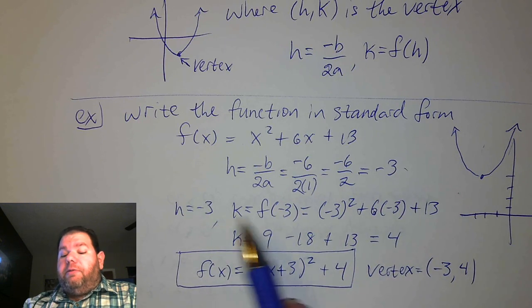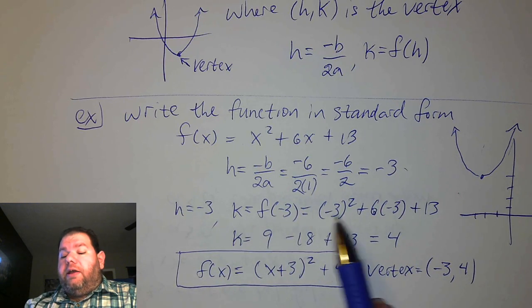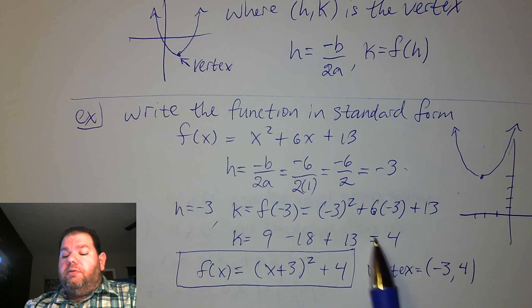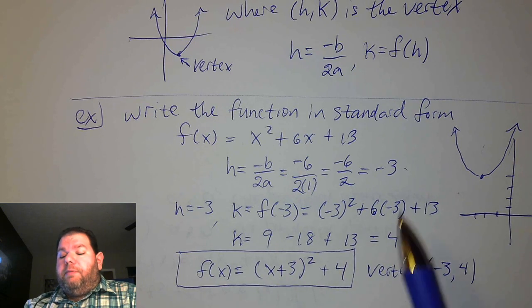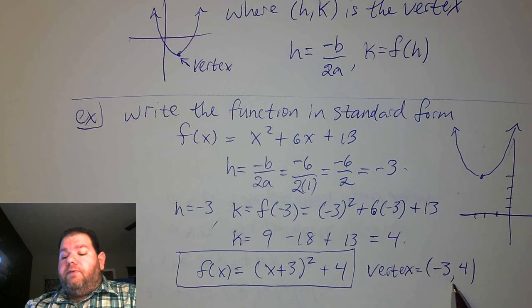We take our negative 3, plug it back in, we evaluate that into the function, and we get 4. So that means our vertex is negative 3 comma 4, and the way that we set up our function is x plus 3 parentheses squared plus the 4. This one's always opposite of what's here, from the vertex to the function.